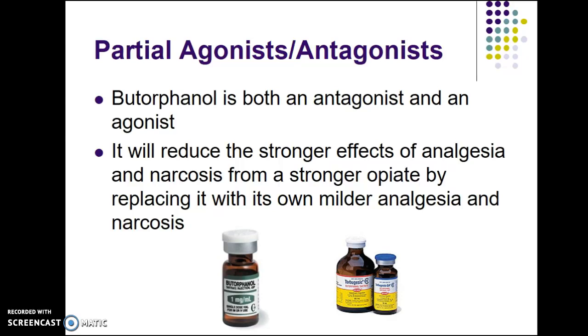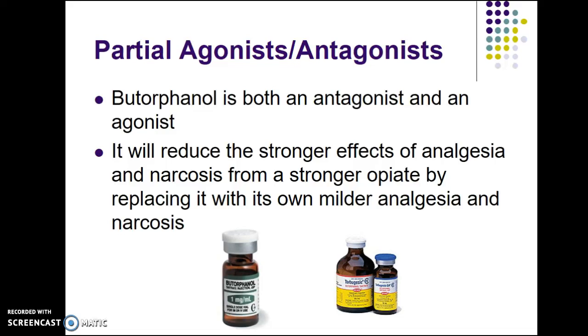Let's say we've given an animal an opioid drug, such as morphine, to give the animals coming out of surgery. We want to make sure it's not feeling pain, but it makes the animal too drowsy. It starts to affect its respiration, which opioids can do. They depress the respiratory system. So let's say we want to reverse that, but we still need some pain management on board.